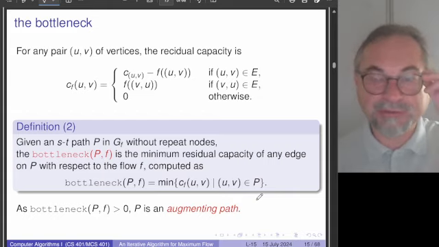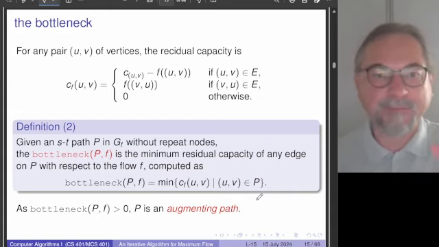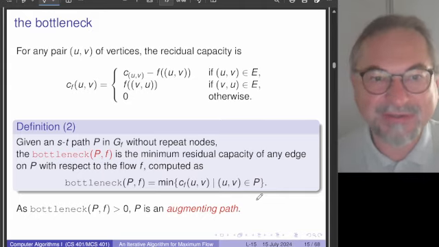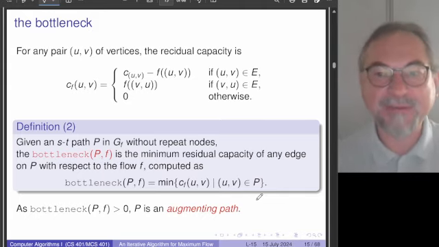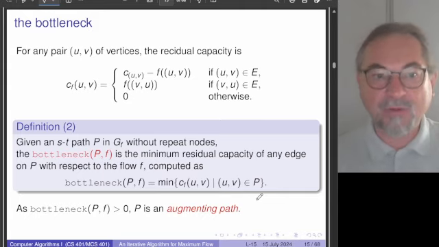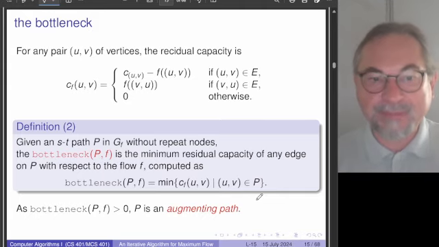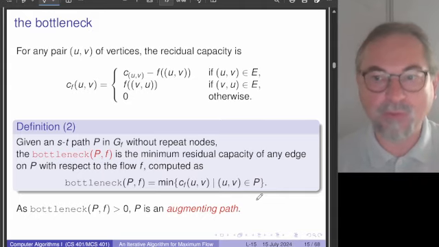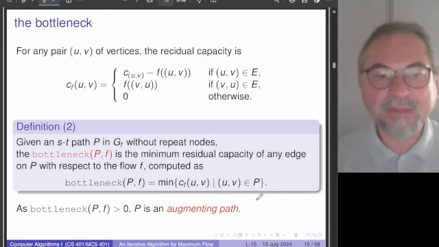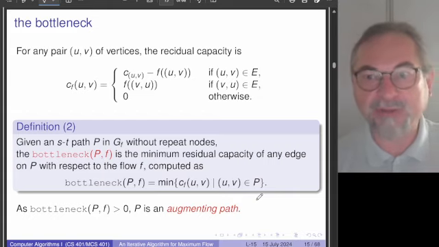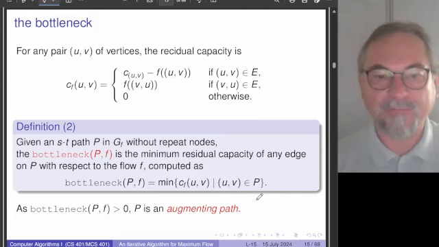So two definitions on this slide. Well, actually three. So you see the residual capacity still here for an existing flow. If the residual graph permits a path from source to sink, no repeat nodes, then the bottleneck will indicate by how much you can increase the flow on that path.